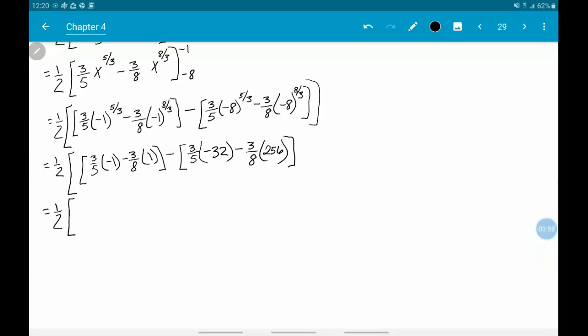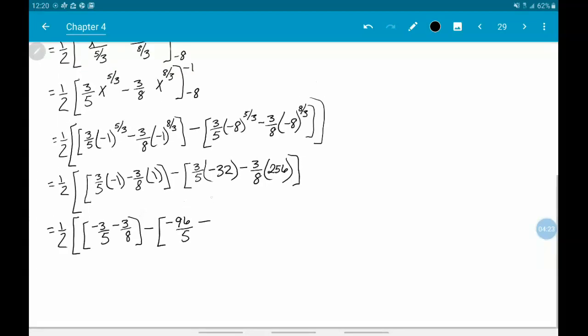So let's do some distributing here. We're going to have a -3/5 minus 3/8 minus, and then when we distribute here, that's going to be a -96/5 minus 768/8.